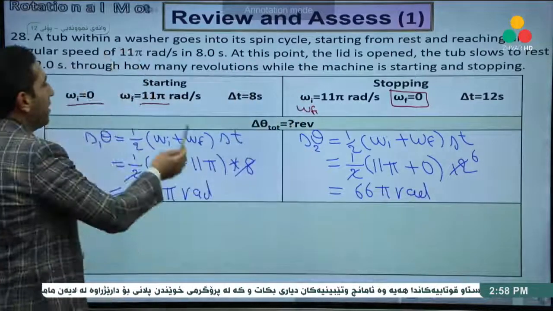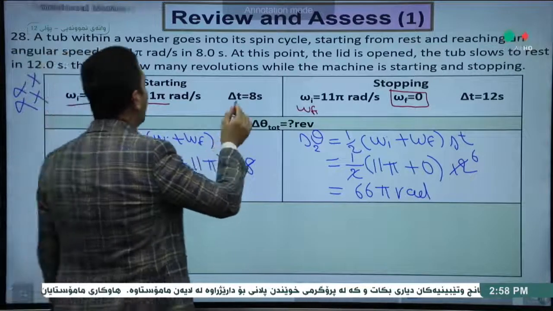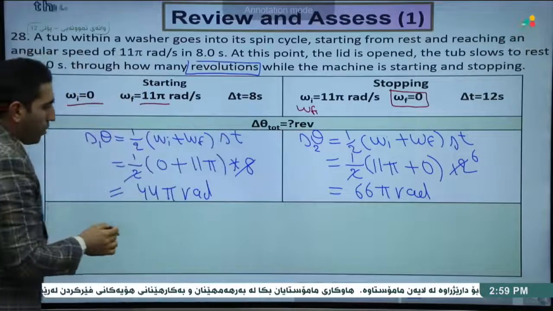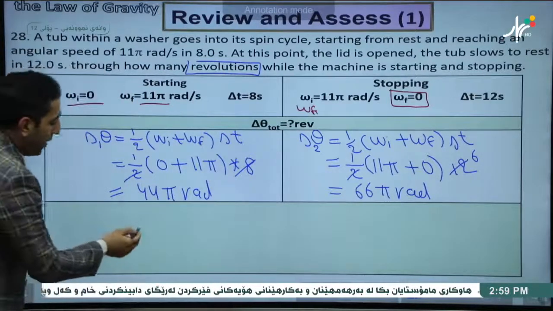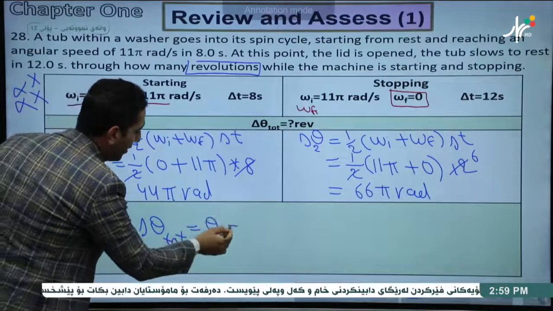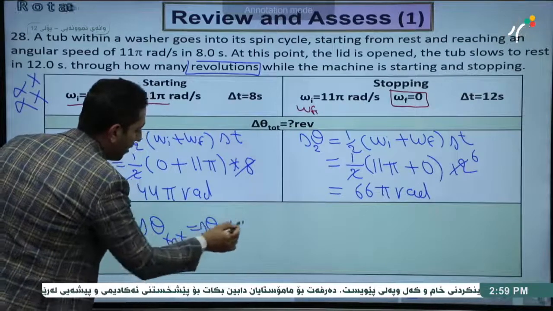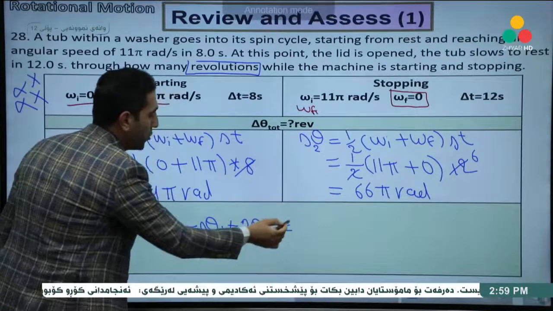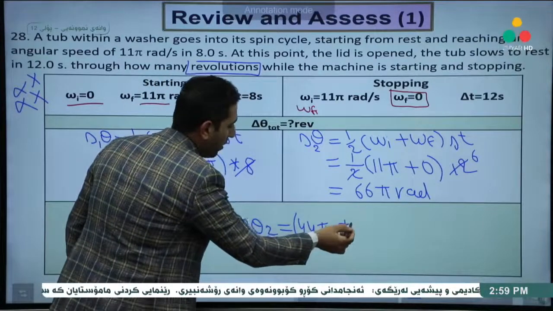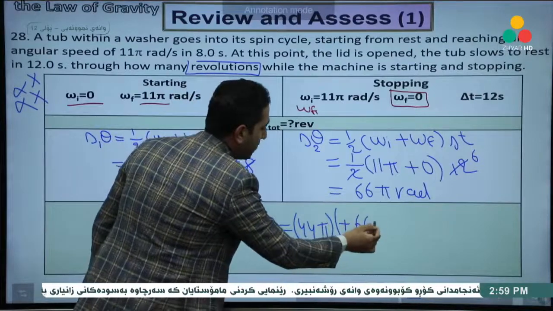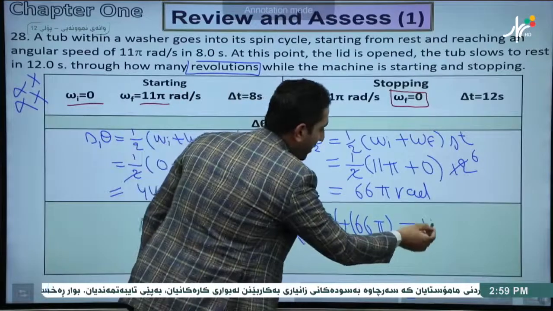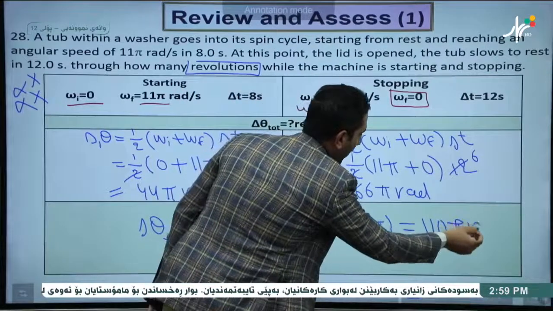But it said to find the angular displacement by how many revolutions. You can say delta theta total is equal to delta theta 1 plus delta theta 2, which is 44 pi plus 66 pi, equal to 110 pi rad.